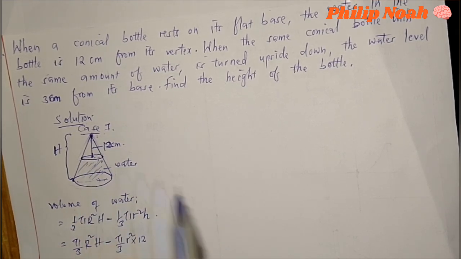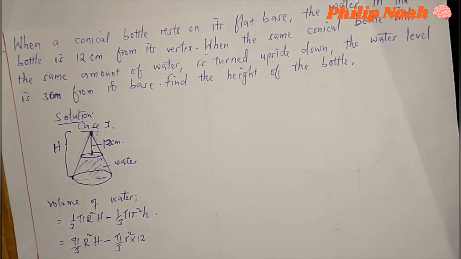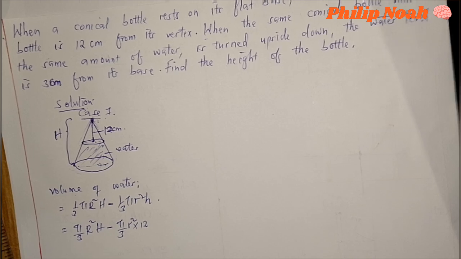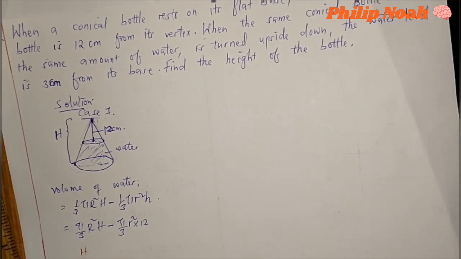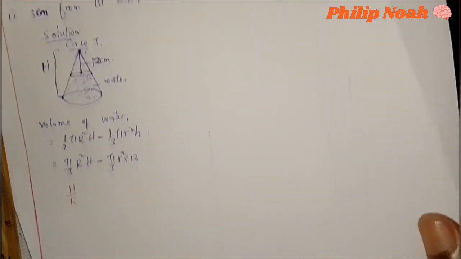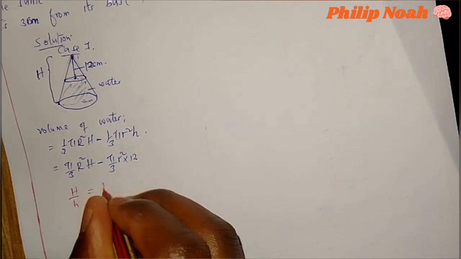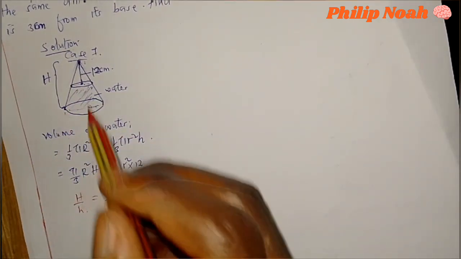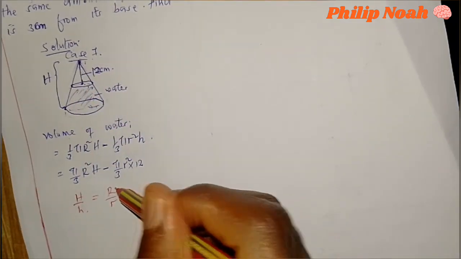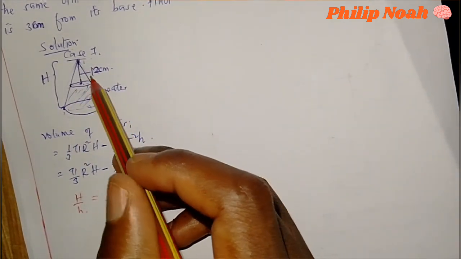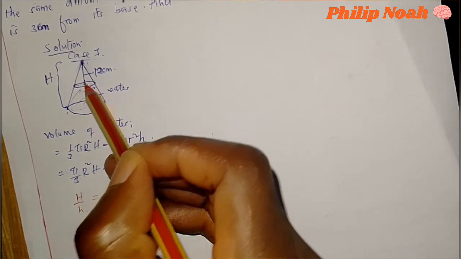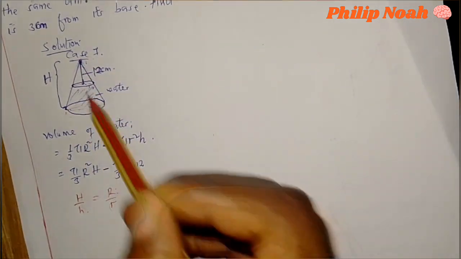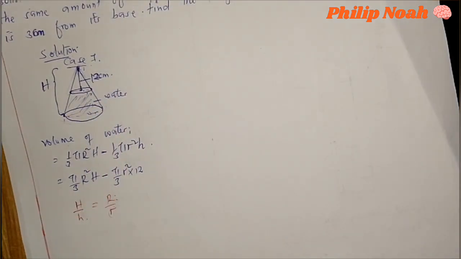At this point, we shall use this relation that h over H is equal to r over R, where H is this height, small h is this 12, small r is the radius of the smaller cone here. Capital R is the radius of the larger cone, small r is the radius of the smaller cone.